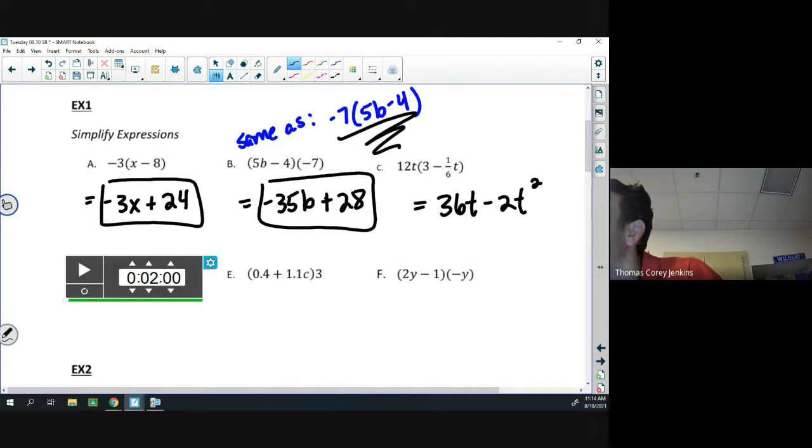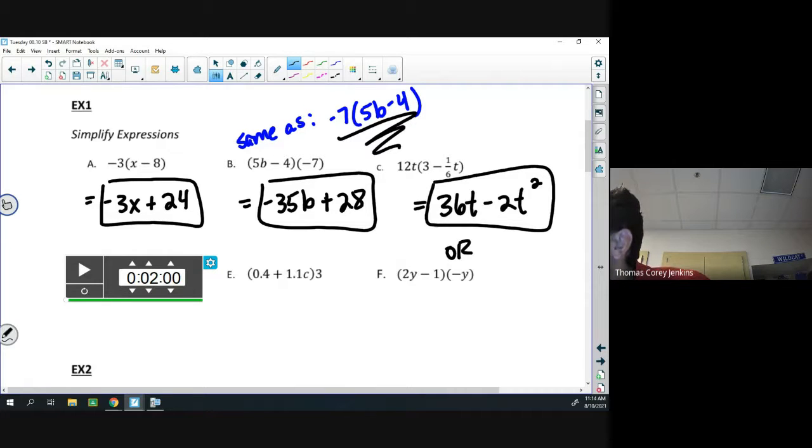So this would be correct. You might also see this written with the order flipped around. So it could also be written as negative 2t squared plus 36t. I don't think you'll have to worry about that on your Math Excel, but a lot of times we'll put that highest degree term first, okay?